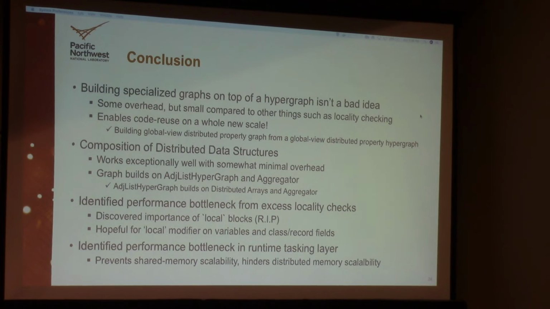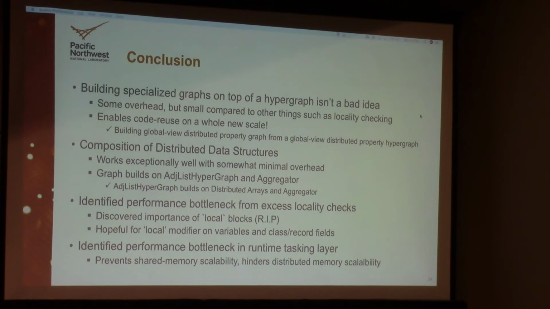And in conclusion, building specialized graphs on top of hypergraphs isn't a bad idea. There is some overhead, but honestly, compared to everything else, it's relatively insignificant. It enables a lot of code reuse, so it makes it possible to create, say, a global view distributed property graph from a global view distributed property hypergraph.